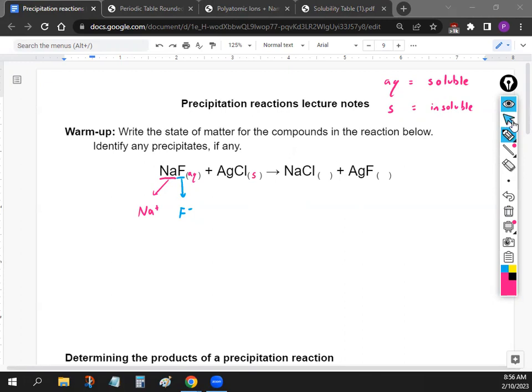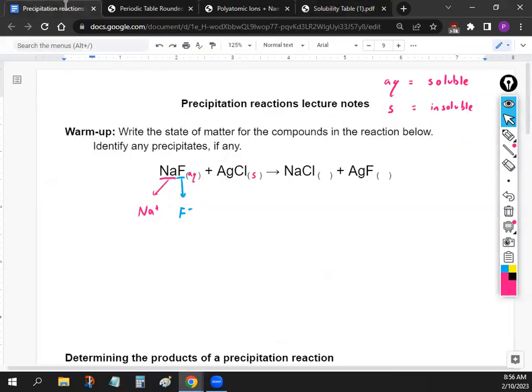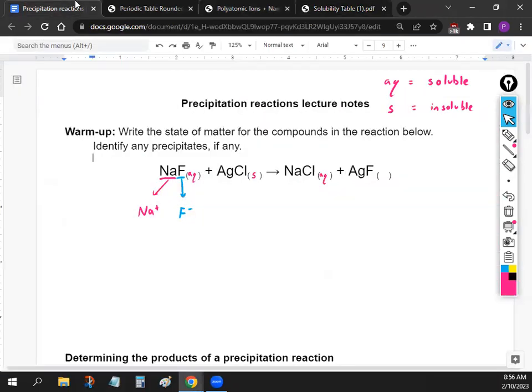Next one right here is NaCl. We line them up, Na and Cl. This one is soluble, so we write AQ. And then the last one, AgF, we go to the table. Ag and F looks like this one is soluble, so we'll write AQ. So that's it. Any questions on the parentheses? Hopefully not too bad.